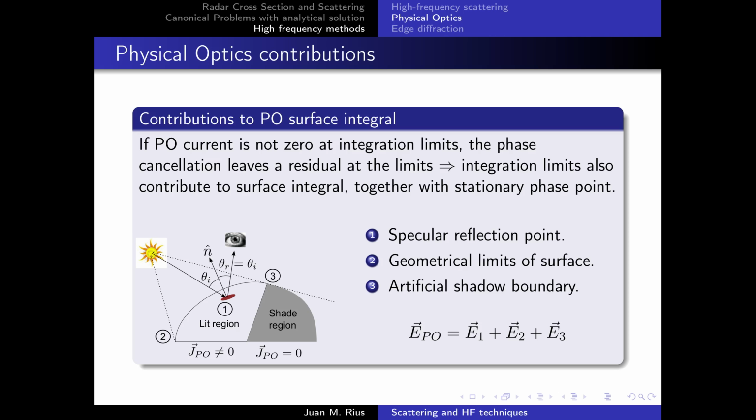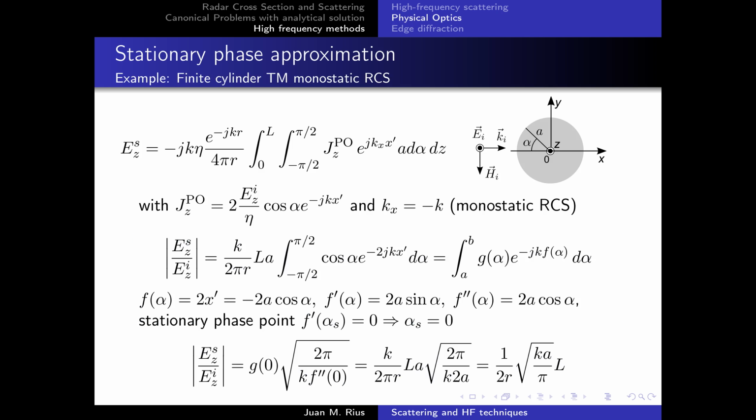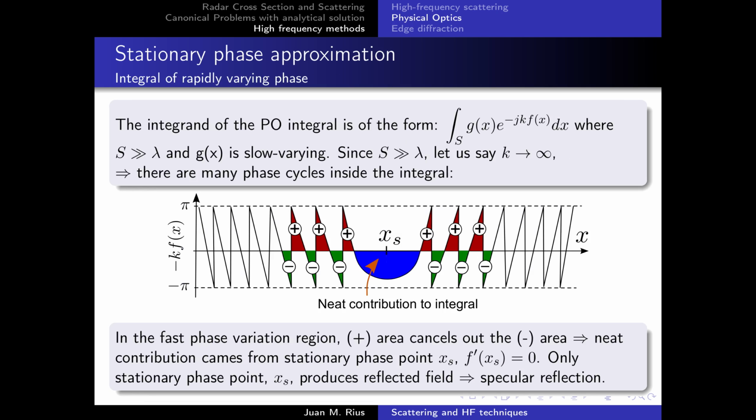Well, we have seen that the main contribution to the physical optics integral is the specular reflection point, but in fact it is not the only contribution, because the phase cancellation, where we have very rapid oscillation of the phase, stops at the surface integration limits.